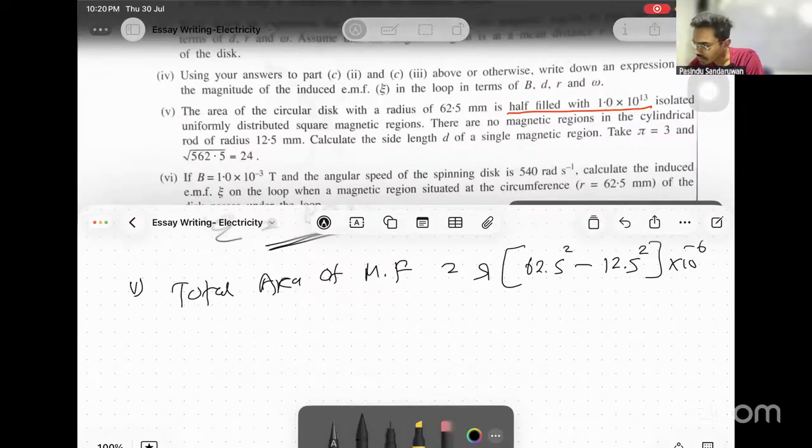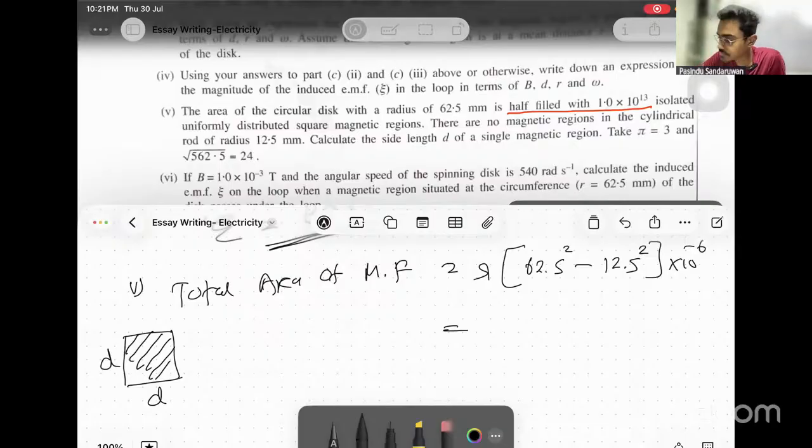At the same time, we can write the total area of the magnetic field using this. One square loop here is of side length d, and such 10 to the power 13 parts are there.